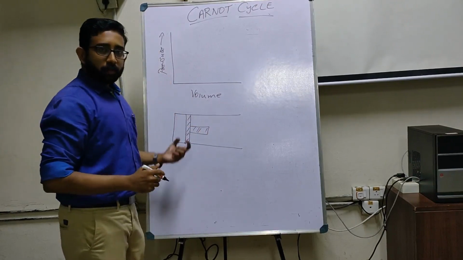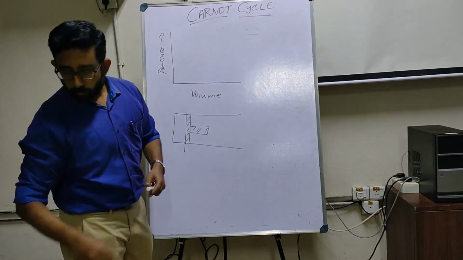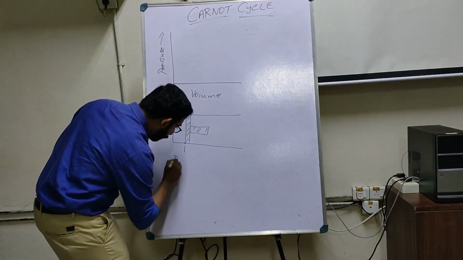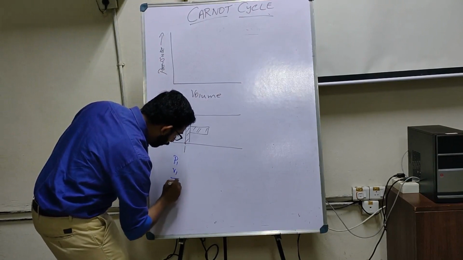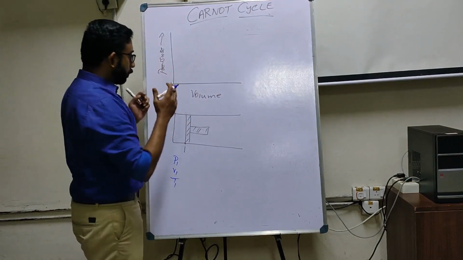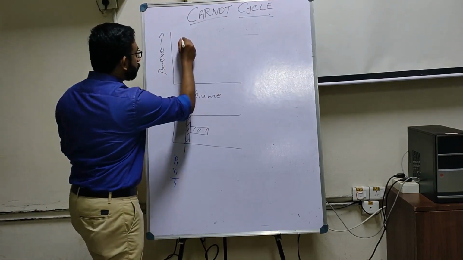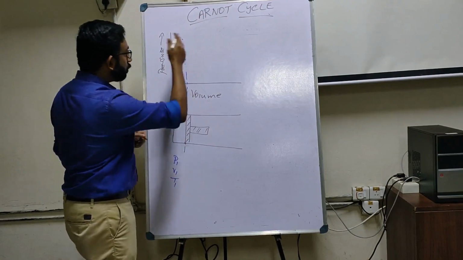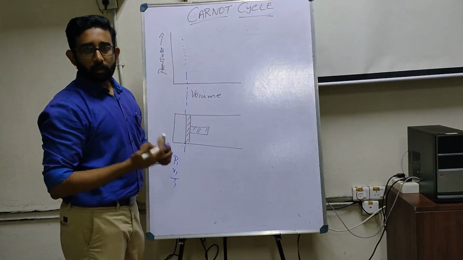Now at state 1, let the pressure, volume and temperature of the system be P1, V1 and T1, and this state can be marked in the PV diagram.